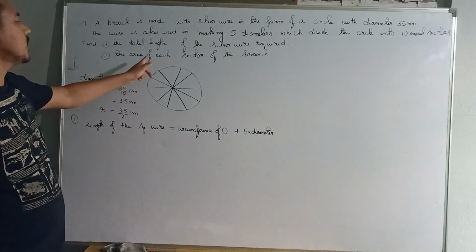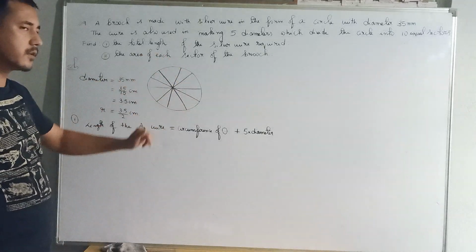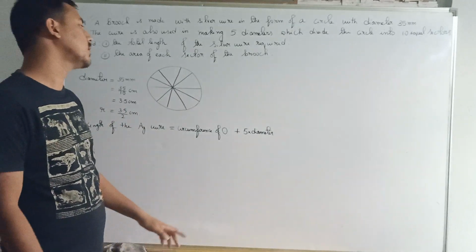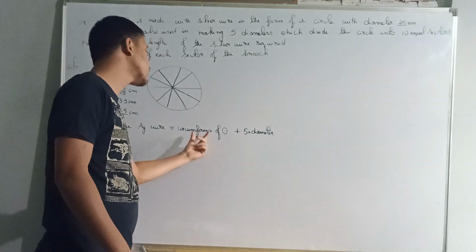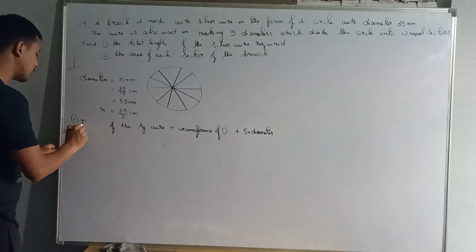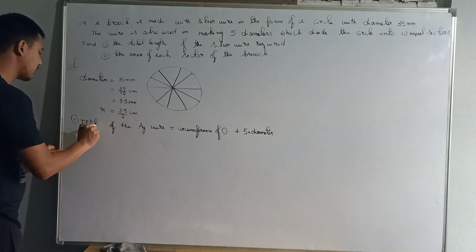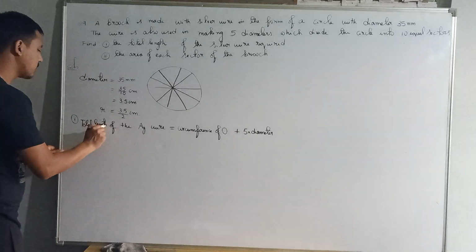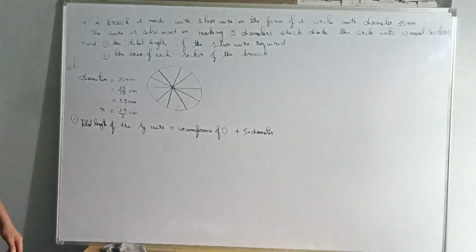The length of the wire used in making the circle and the length of the wire used in making 5 diameters, their sum will give you the total length of the silver wire. Alright?